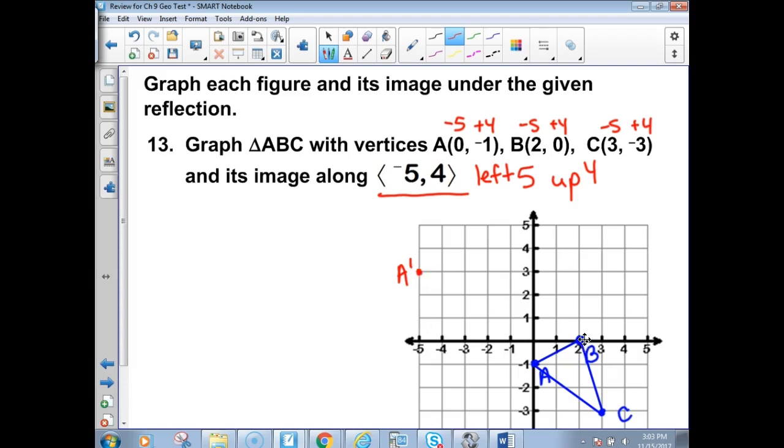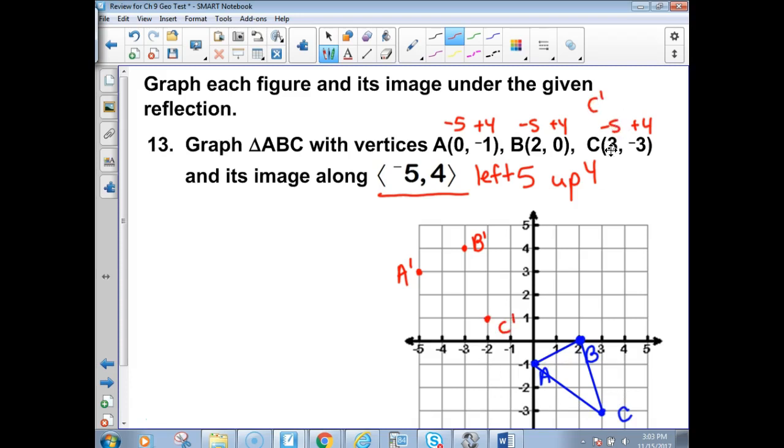Okay? But simply if you have the graph, you go ahead and just slide them around. 1, 2, 3, 4, 5, 1, 2, 3, 4. So I just translated that vector negative 5, 4. And there should be your C prime, which would result in the same thing.